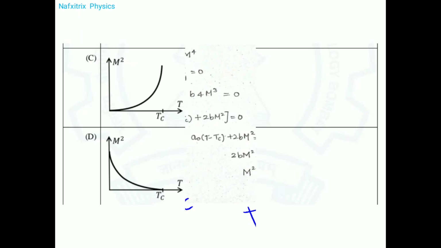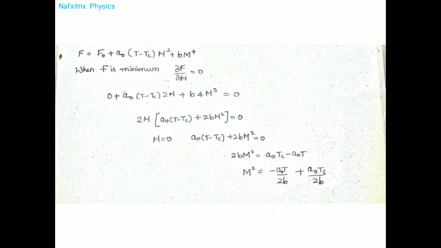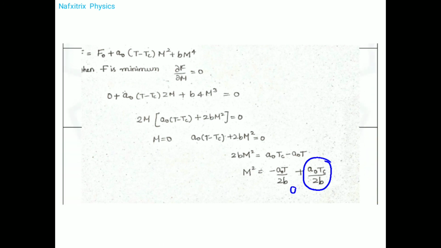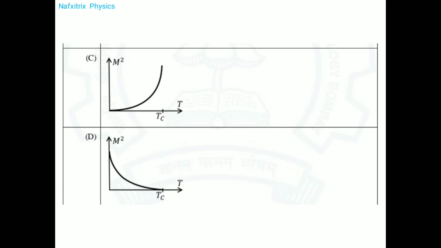Actually, in this equation, if we substitute 0 in the place of t, what we get is the y intercept, a naught tc by 2b, which is nothing but m square.